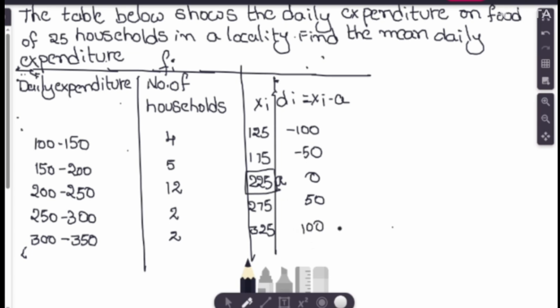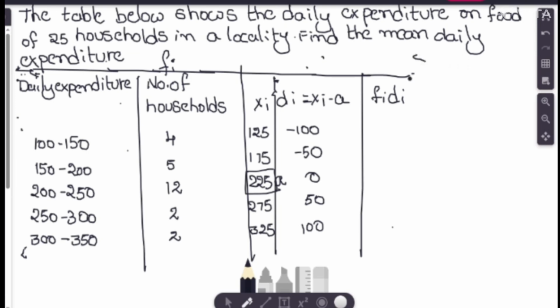Now we have to find one more column, that is the new column fi into di. Earlier we did fi into xi. Now we have to do fi into di.